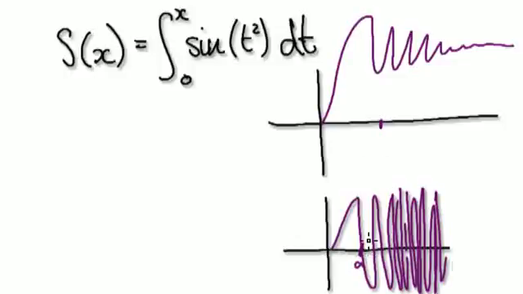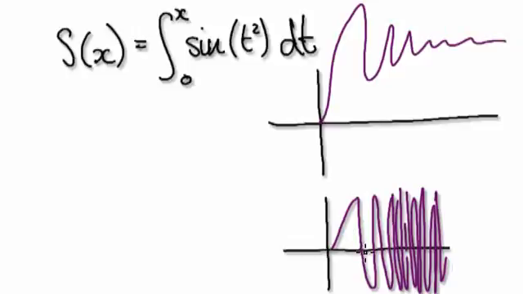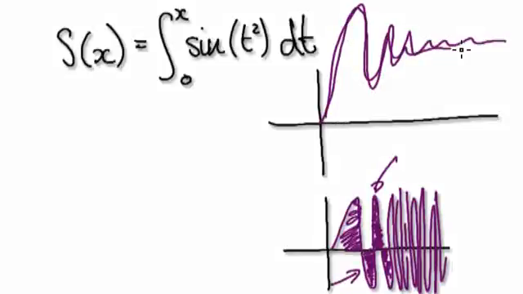The point is that this area here is big, and then you're going to have a minus area, so you're going to decrease your area by a smaller amount, and then you're going to increase your area by a smaller amount than this amount, and then you're going to decrease this area where it's smaller than this amount, and so on here. So your graph will end up looking like this.